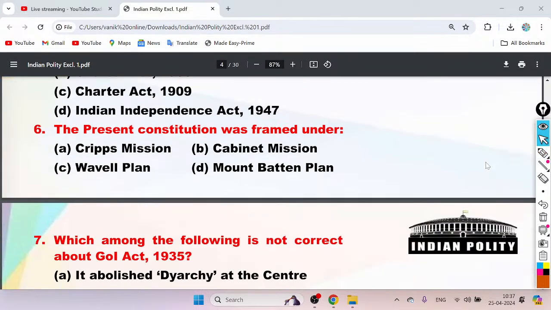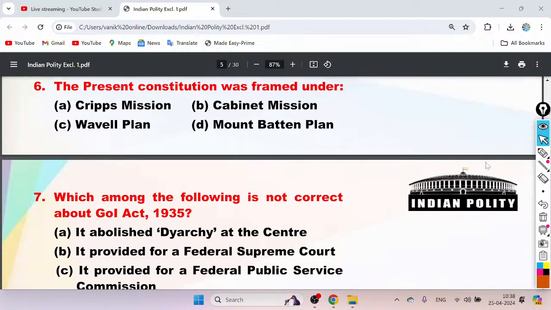Next we'll come to question number 6. The present constitution, the Indian constitution, was framed under the cabinet mission. Although the demand for the peace mission also made for provisions, that could not take place. That was a failed mission. But the cabinet mission arrived in March 1946, and it recommended establishment of a Constituent Assembly for the undivided India, recommending 389 members for the assembly.